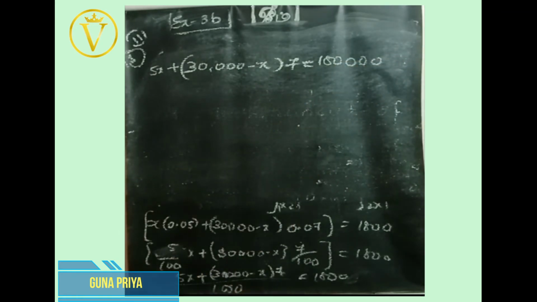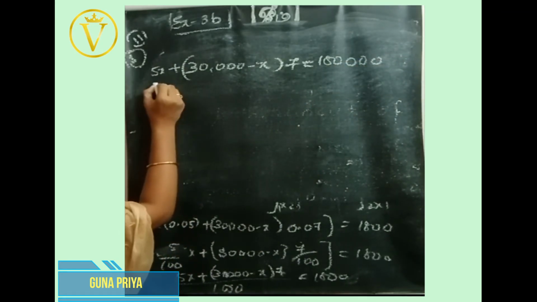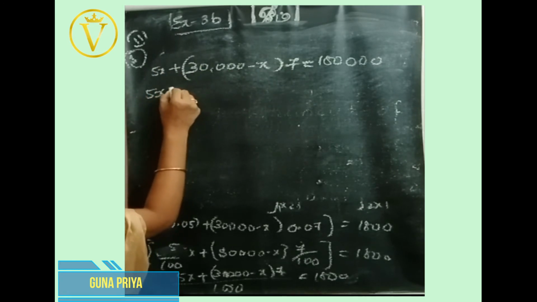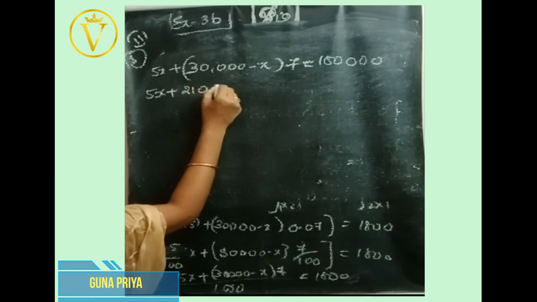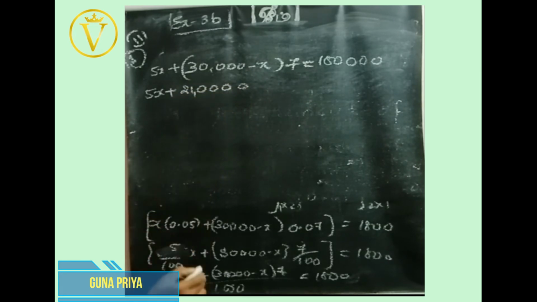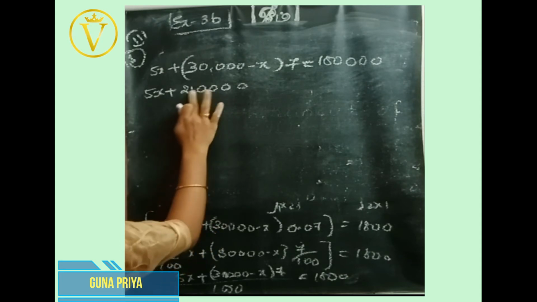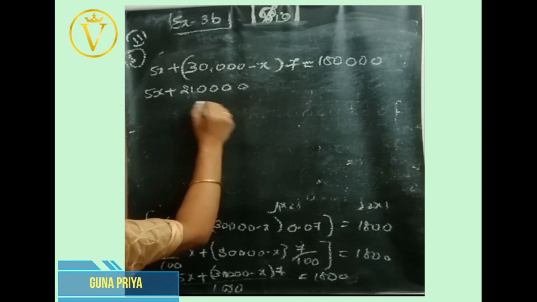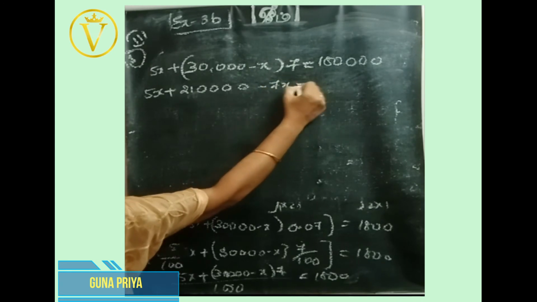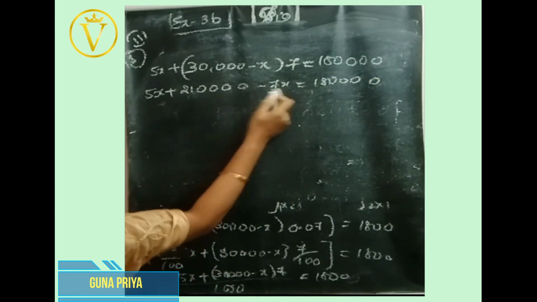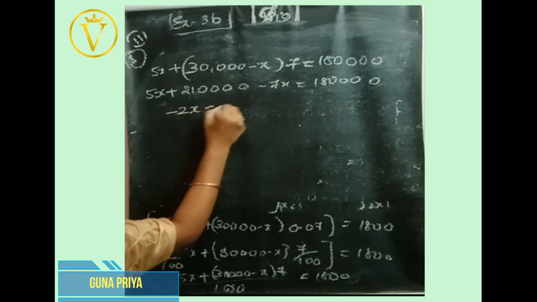which is 1,80,000. Now multiply with this 7. 7 threes are 21, and 7x. 5x minus 7x is minus 2x.